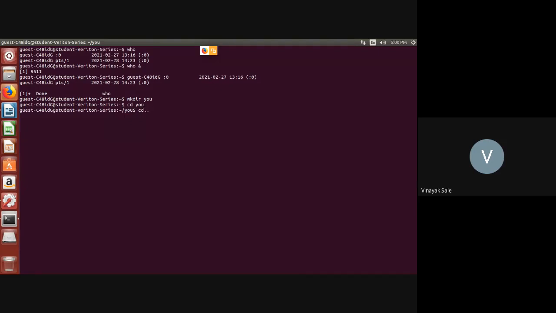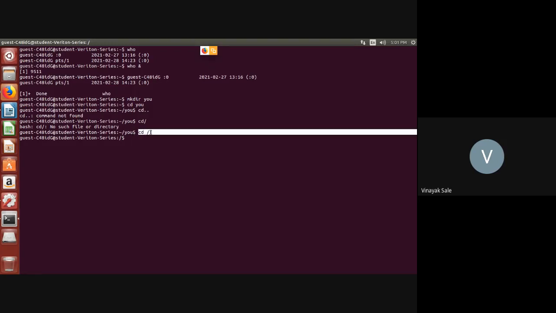Dot dot indicates go to the previous directory. Or cd space slash. Here you are previously in directory u. Whenever you run the command cd slash, it goes to the previous directory of u.